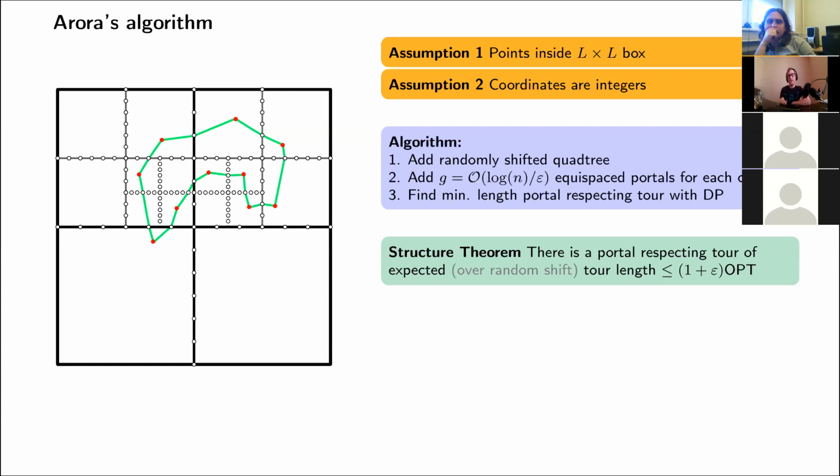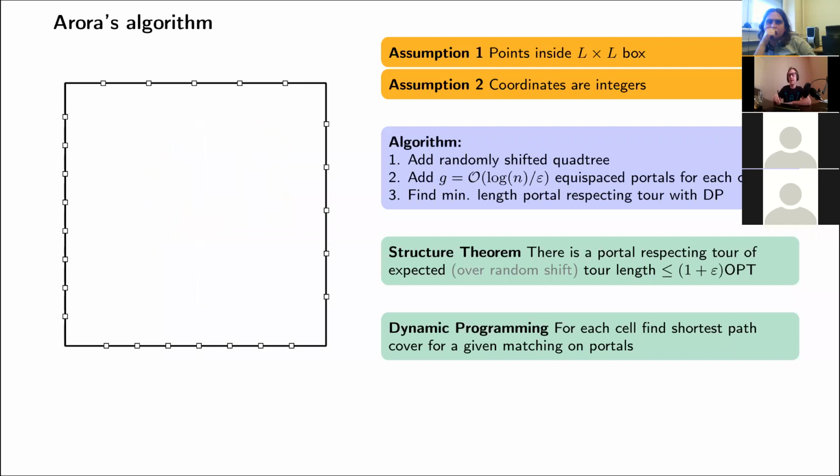Okay, and let's now bound the time to compute this portal respecting tour. So we will start from the bottom and we will go to the top with the DP. What is actually the solution that we need to define this dynamic programming? It's basically the shortest path cover.